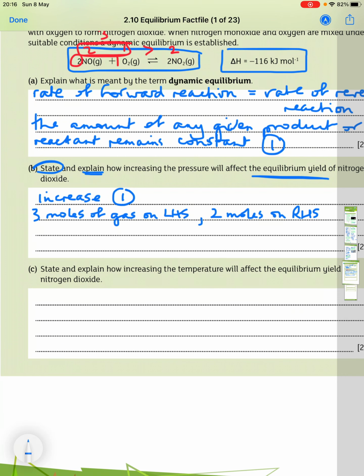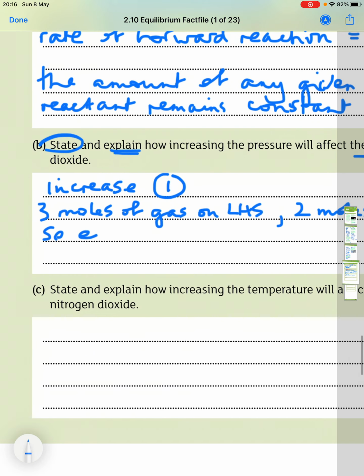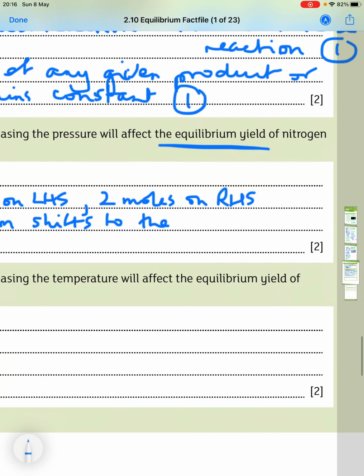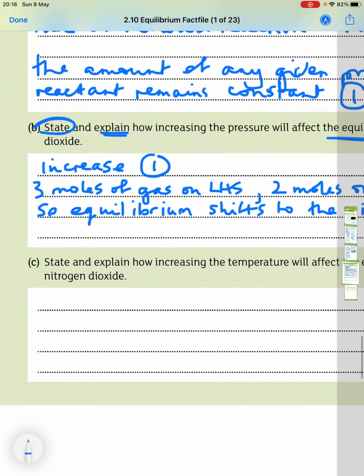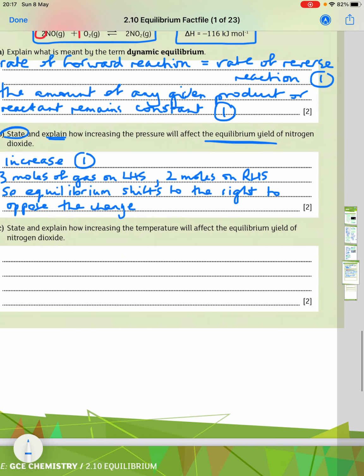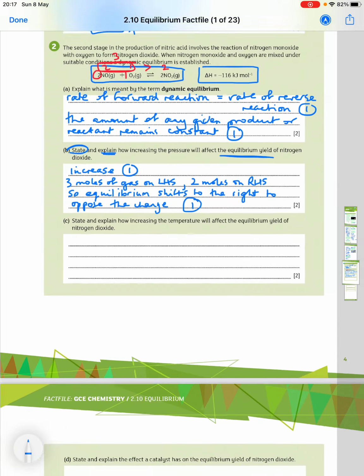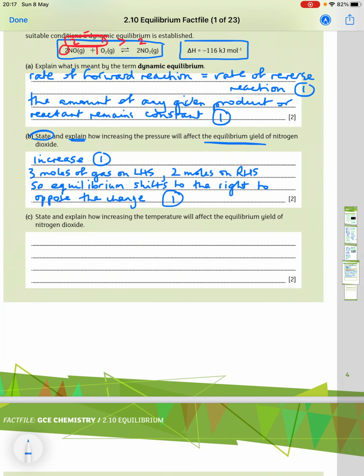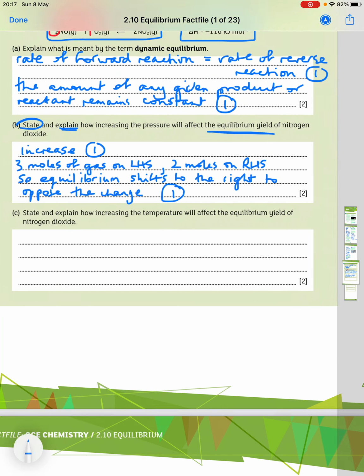And then, so equilibrium shifts to the right. To oppose the change. And in fact, there's only 2 marks for that question, so there's just 1 for that whole second part. But it's given the idea that there are more moles of gas on the left, so equilibrium will shift to the right to oppose the change.